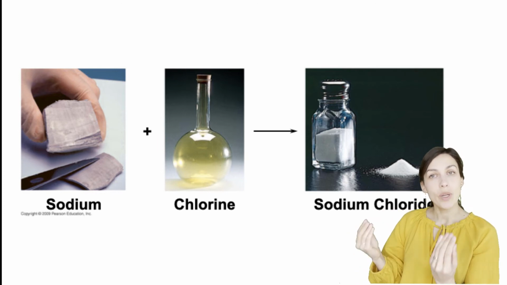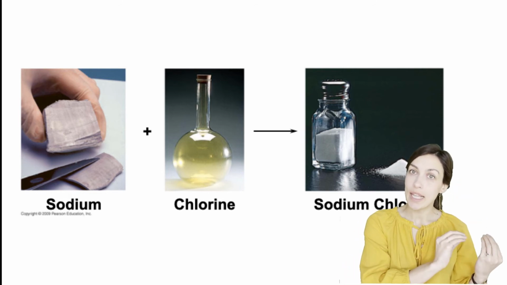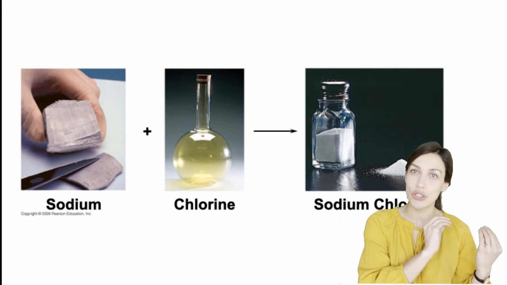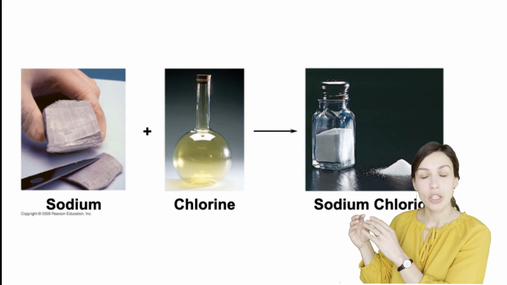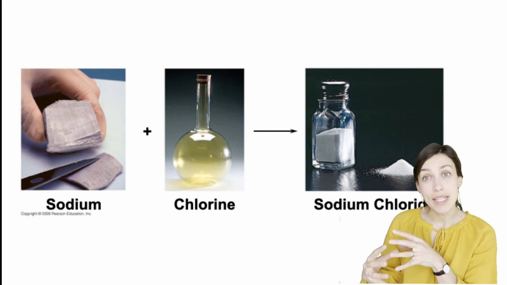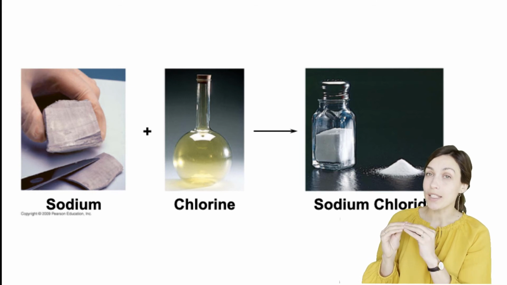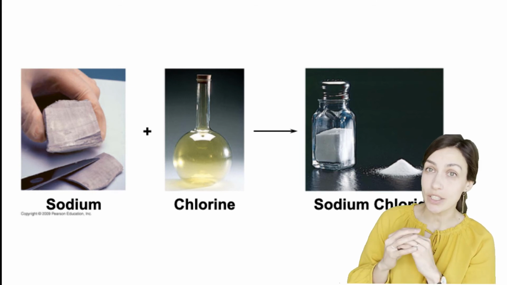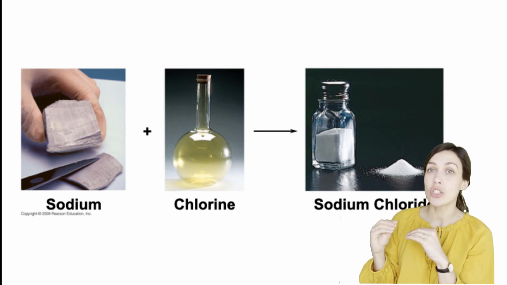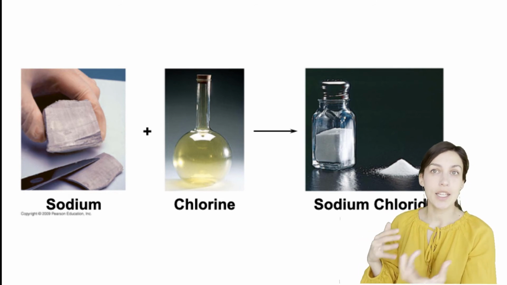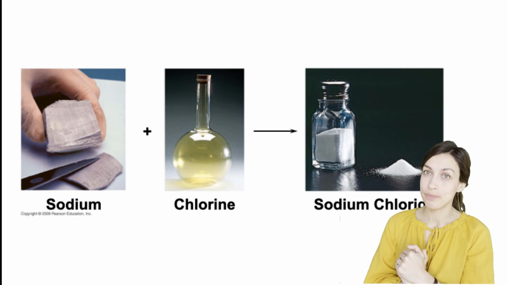So if we take elemental pure neutral sodium, and we take this pure chlorine and we put them in the same container, they're going to react and create a completely different substance that you're very familiar with, which is called sodium chloride, and it is table salt that we use for flavoring our foods.